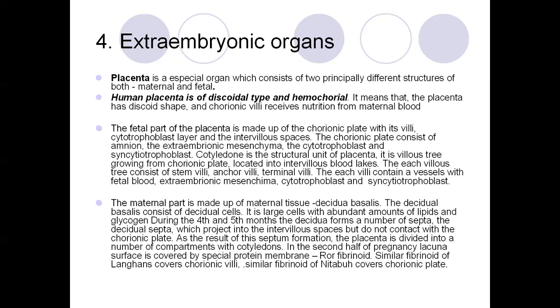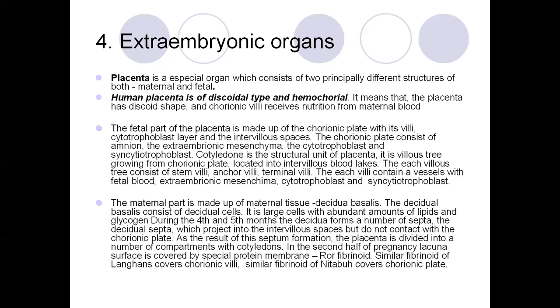The maternal part is made up of the maternal tissue, decidua basalis. The decidua basalis consists of decidual cells. These are large cells with abundant amounts of lipids and glycogen. During the 4th and 5th month, the decidua forms a number of septa, the decidual septa, which project into the intervillous space but don't contact the chorionic plate.